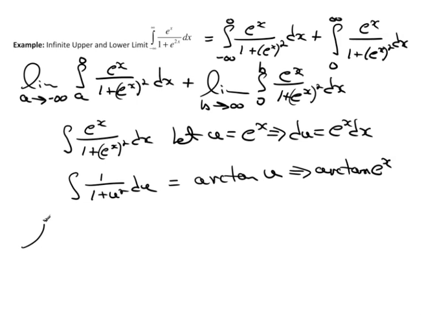This first one would be the limit as a goes to negative infinity of arctan of e to the 0 minus arctan of e to the a.